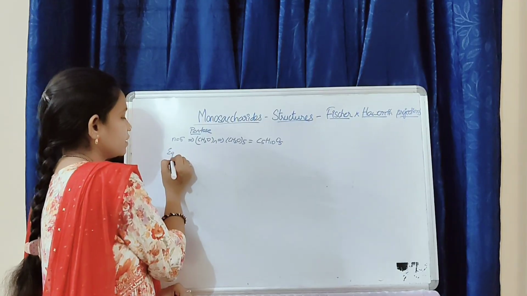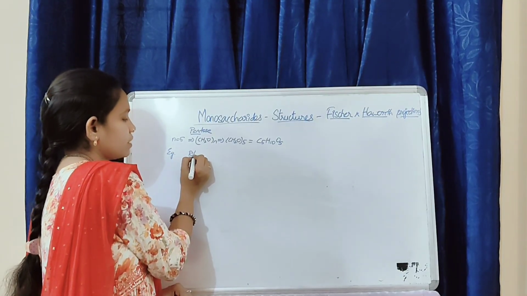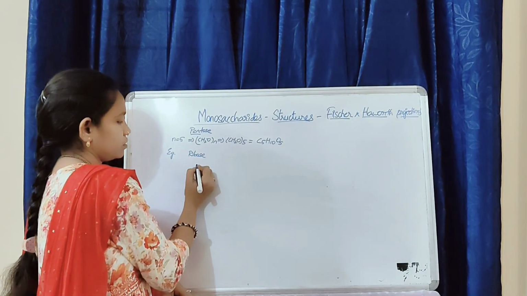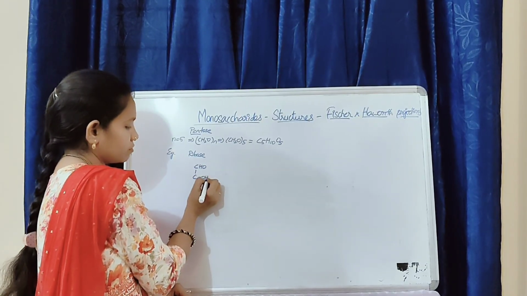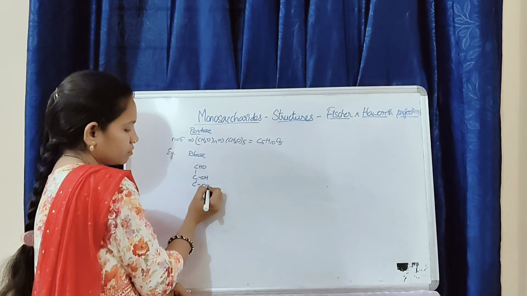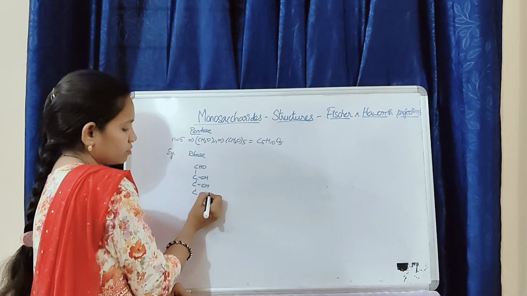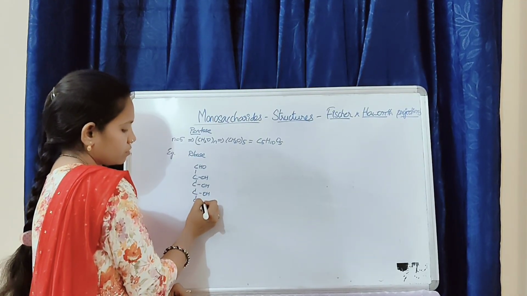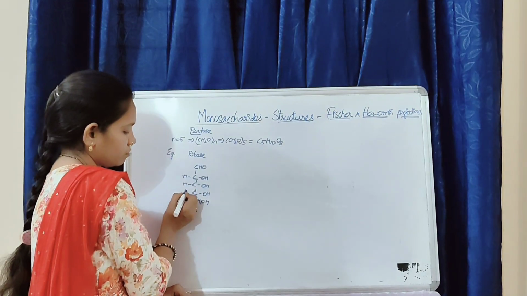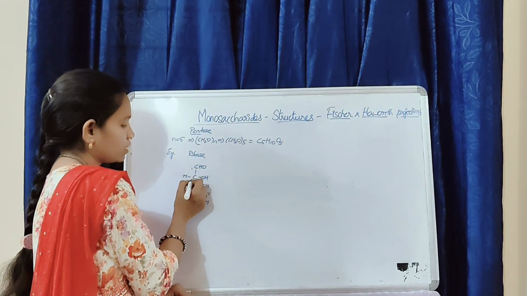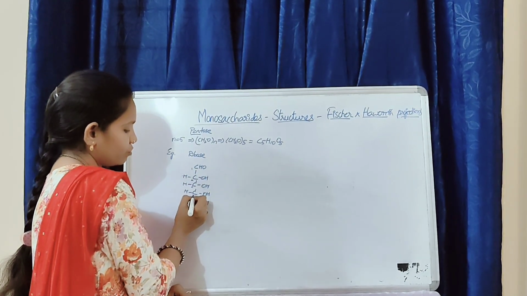Now here I take example as ribose. Let's see the structure. Start numbering 1, 2, 3, 4, 5.